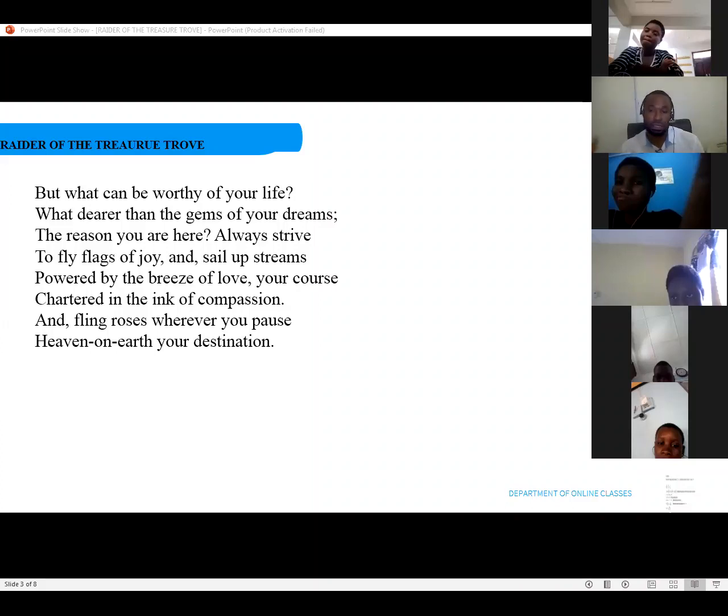The breeze, the air, the wind that blows propels. To propel means you help, to push. So as individuals, the love we demonstrate towards other people must also propel them, must also help them, must also support them. That is why love is being compared to a breeze that propels one forward.